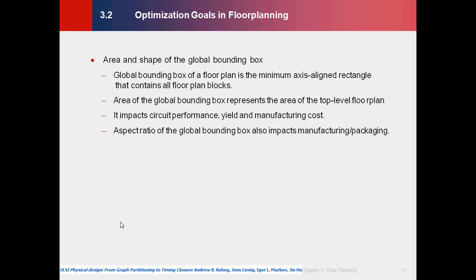First, the area and the shape of the global bounding box is an optimization goal in floor planning. The global bounding box is the minimum axis aligned rectangle that contains all the floor plan blocks, and its area represents the area of the top level floor plan.